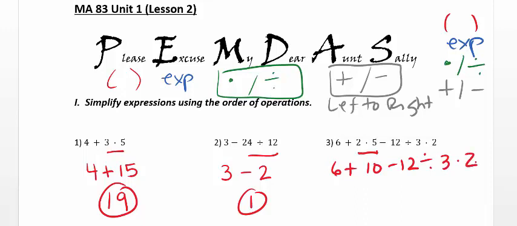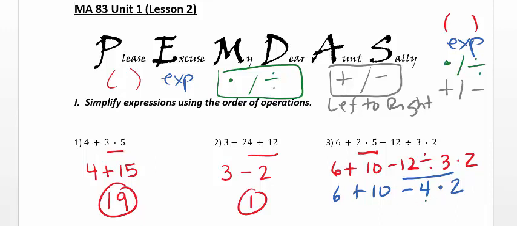Now the next one that comes in order from left to right is going to be this operation, so I'm going to rewrite it as 6 plus 10, and then I have minus 12 divided by 3. That's going to give me a minus 4, and then I'm going to rewrite the times 2. Now I can go back.